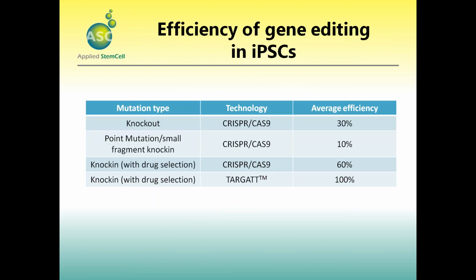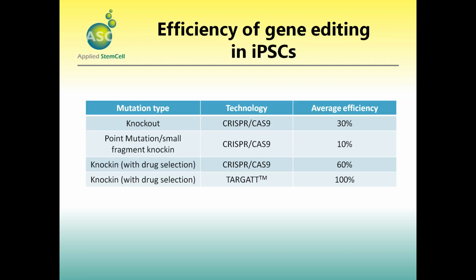Here is a table that summarizes the targeting efficiency of gene editing in iPS cells using different technologies. I listed the two major technologies, CRISPR and TARGATT. Like I said before, CRISPR is perfect for knockout, for mutation, and small fragment knock-in. Using CRISPR for generating these mutations without drug selection, the average efficiency is about 30% and 10% respectively.